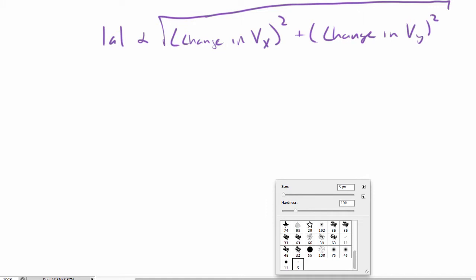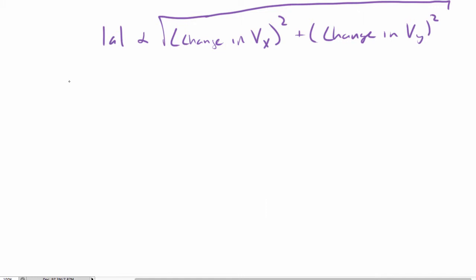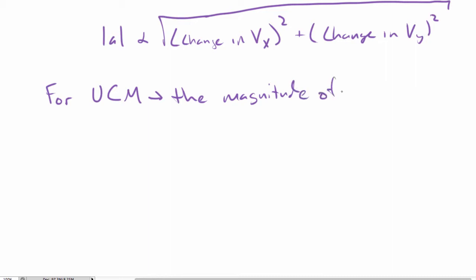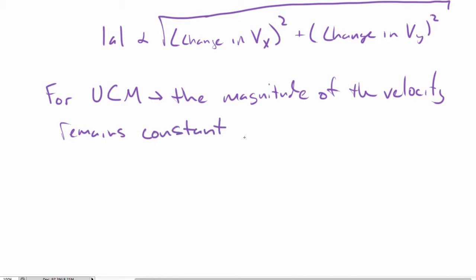What we're really saying here, in summary, for uniform circular motion, is that the magnitude of the velocity always stays the same, but the direction changes.